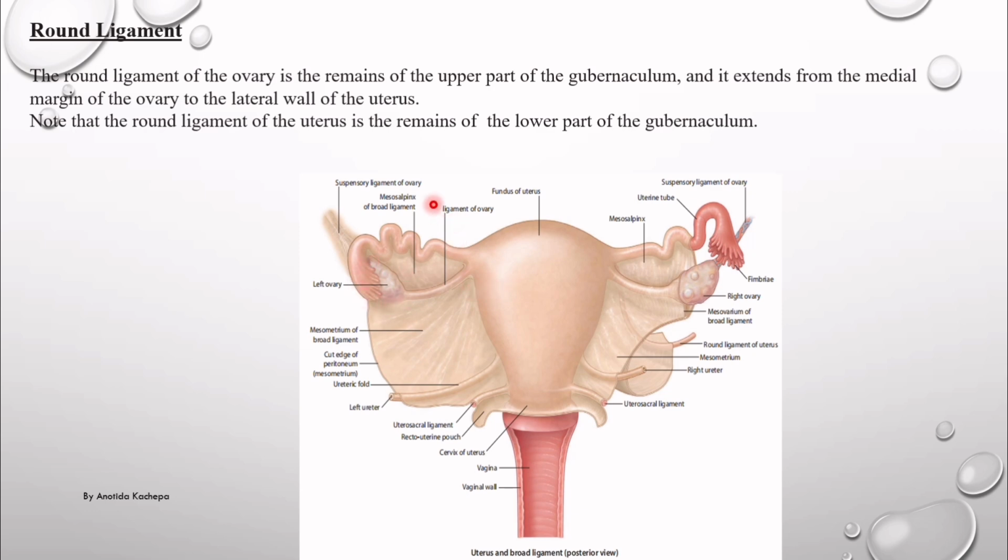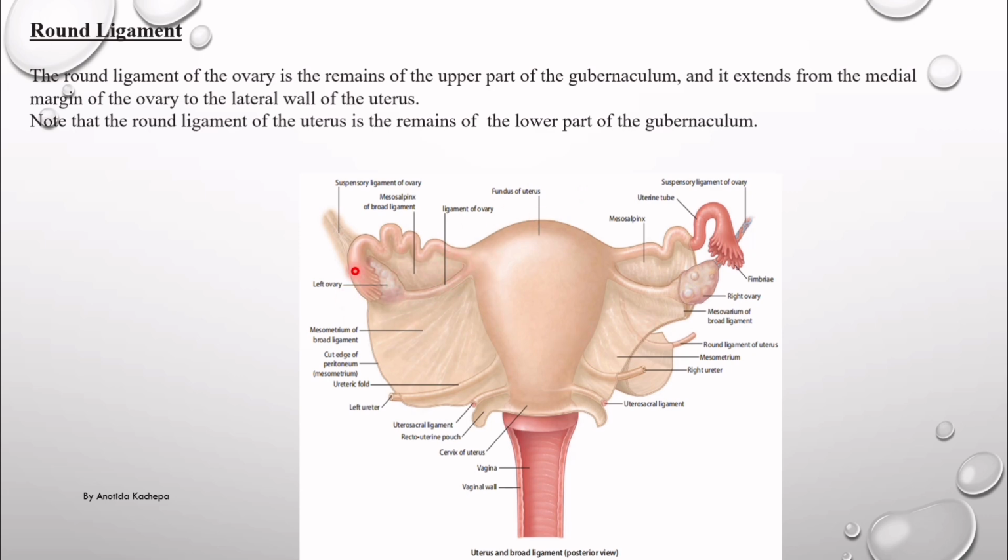The remnant of the upper part of the gubernaculum is the round ligament of the ovary. Then the lower part is the round ligament of the uterus. The round ligament of the ovary attaches to the lateral margins of the uterus, providing support to the ovary.